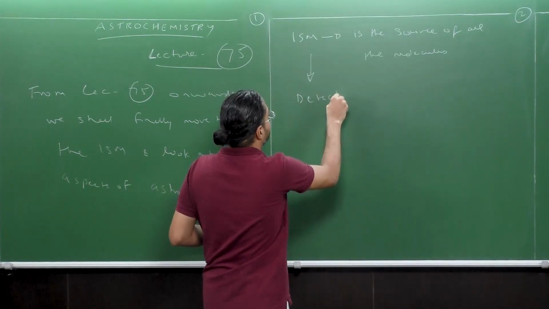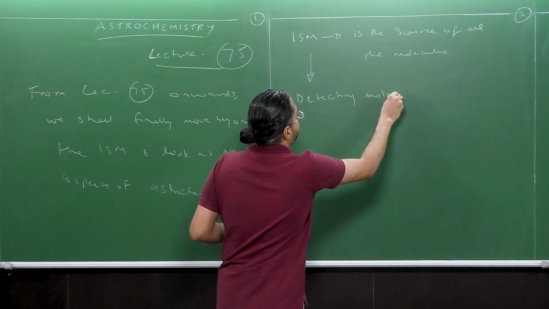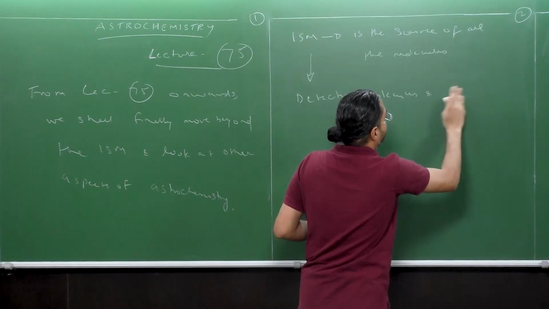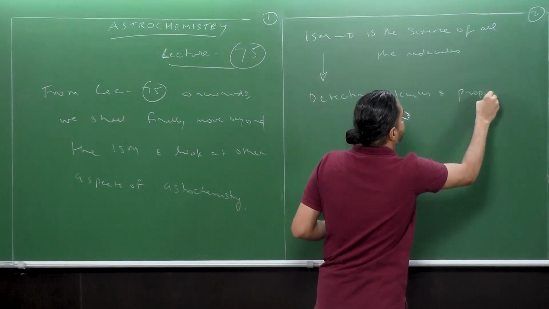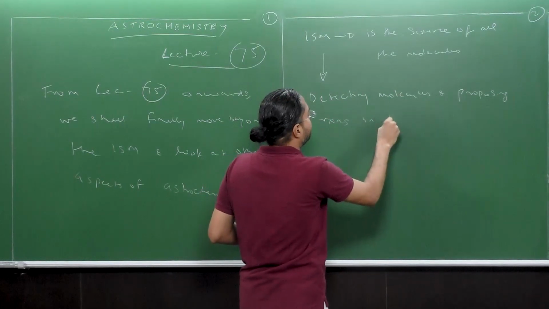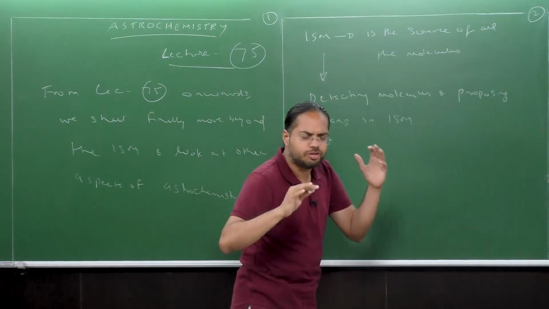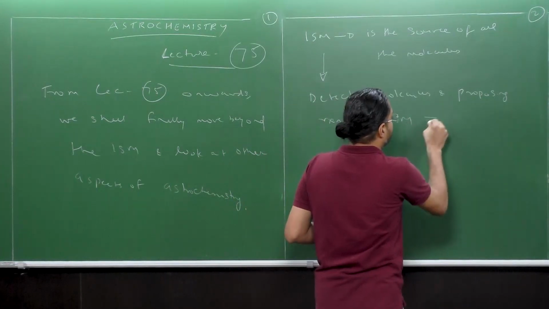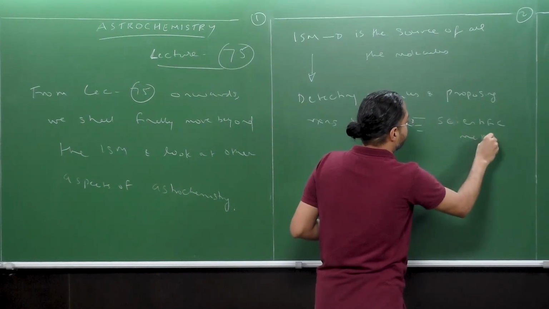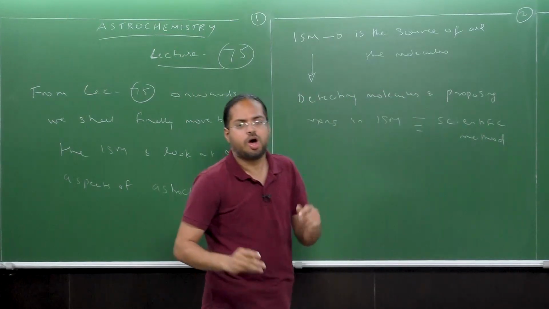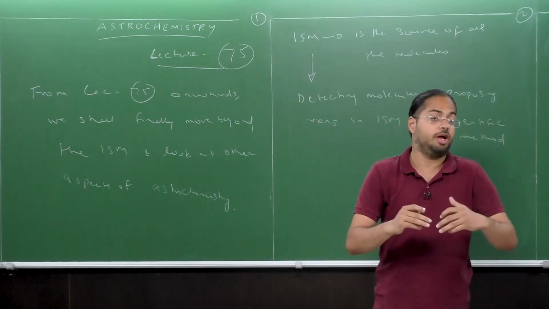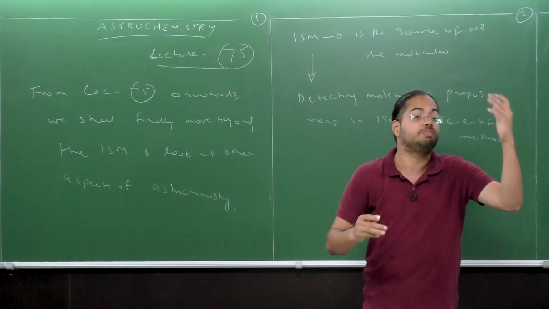Detecting molecules and proposing reactions in the interstellar medium is a huge triumph of the scientific method itself. And this involved a lot of fundamental science, including physics, chemistry, and various branches of it.